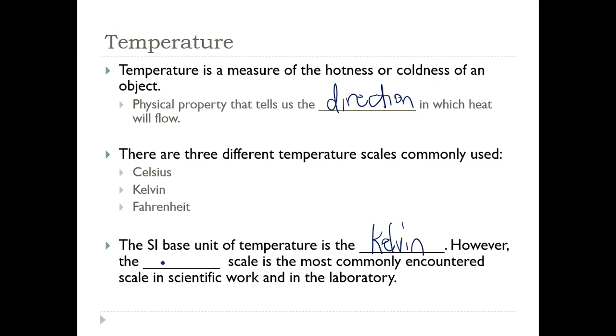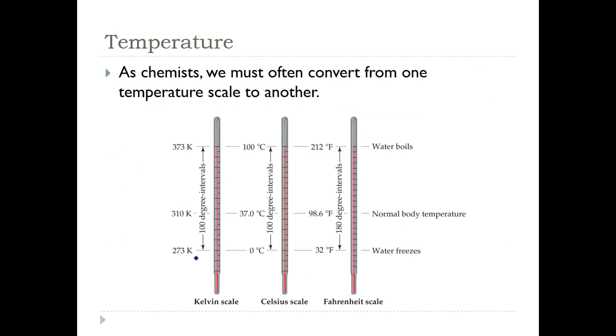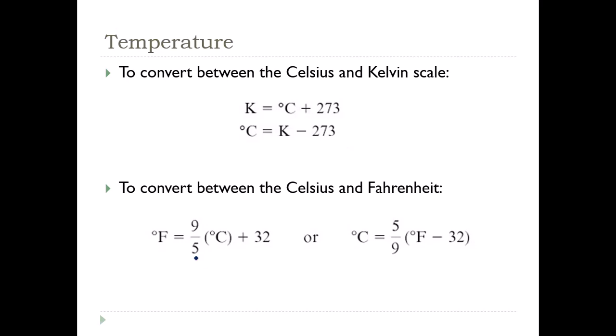However, the Celsius scale is the most commonly encountered scale in scientific work and in the laboratory. And as chemists, we must often be able to convert from one temperature scale to another. So we have formulas that allow us to do just this.